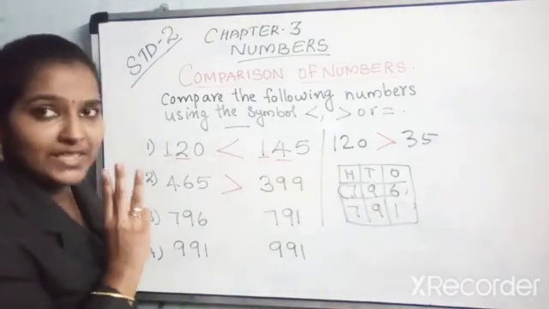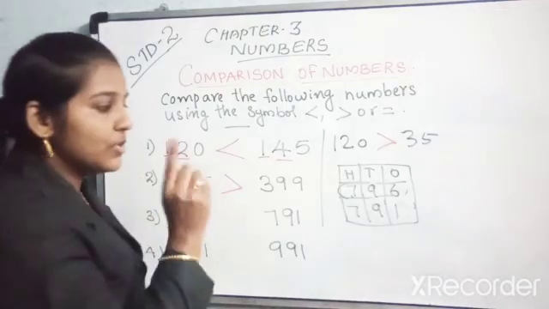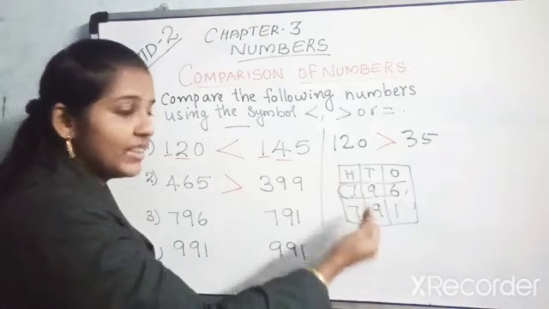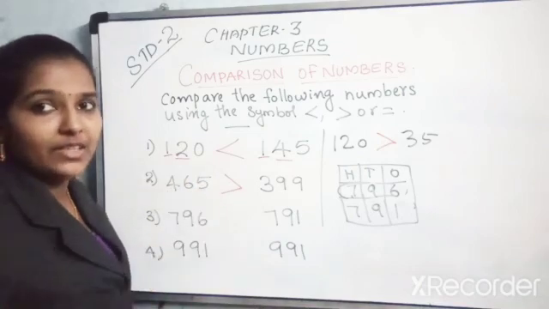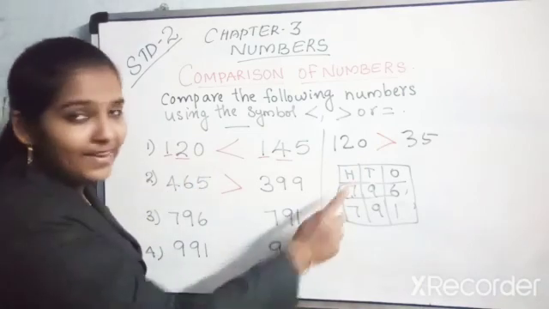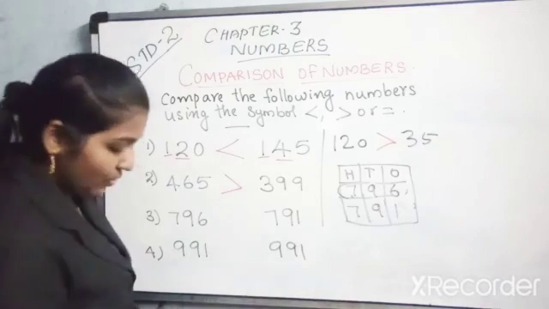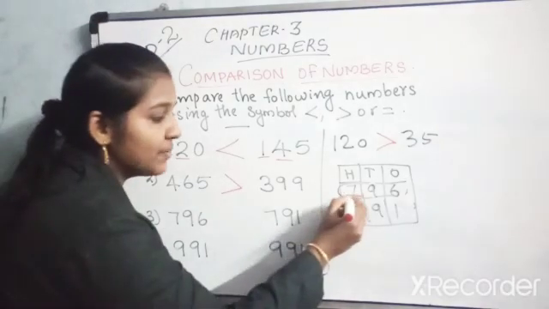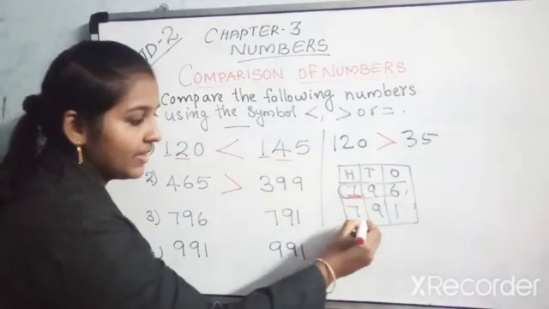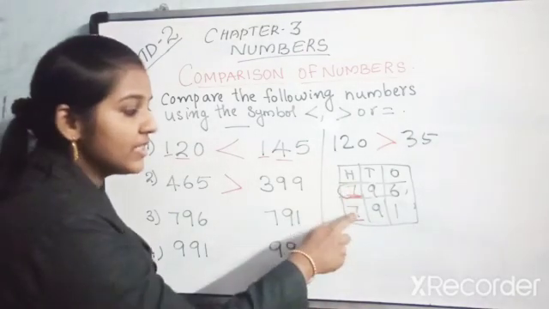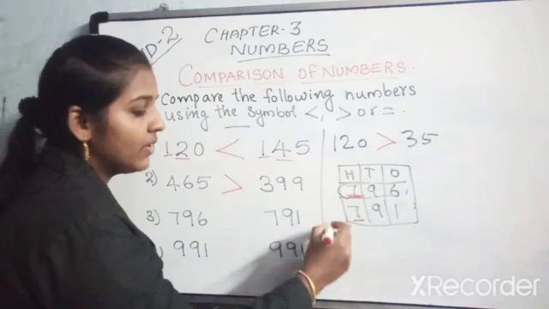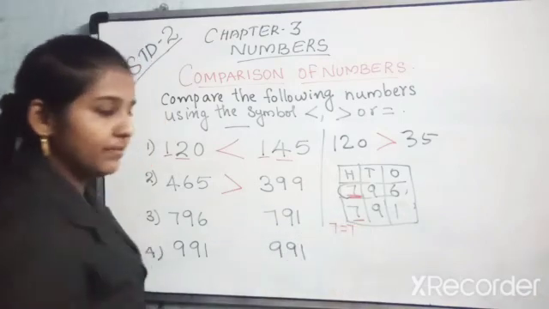Both are 3-digit numbers, isn't it? So what to do? You check the leftmost digit or the greatest place digit. Here the greatest place is the hundreds place. So you have to check the hundreds place digit. It is 7 and here it is also 7. That is, 7 is equal to 7.